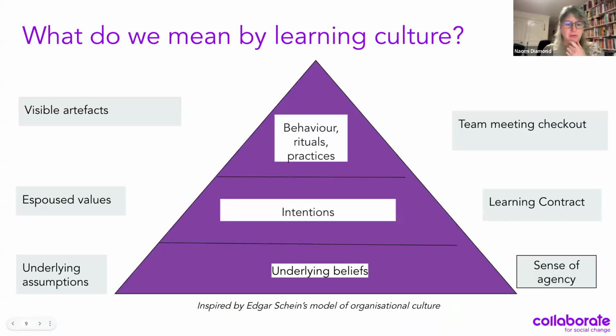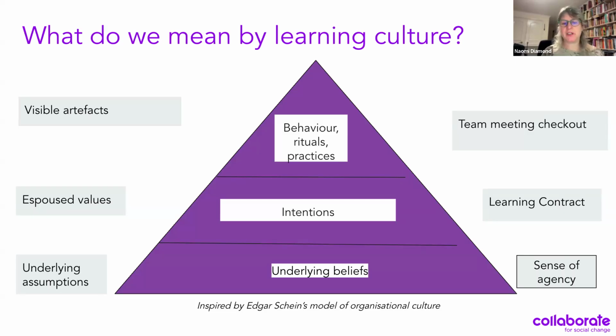Because I think we all use culture in slightly different ways, but in this slide, I'm borrowing from Edgar Schein's model of culture, in which there are 3 levels, or 3 characteristics that make up culture.